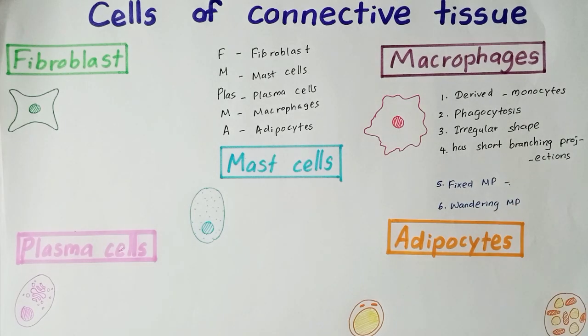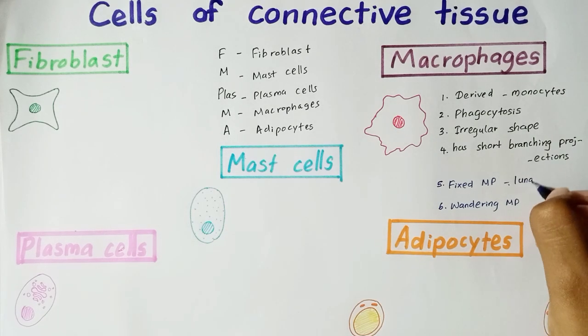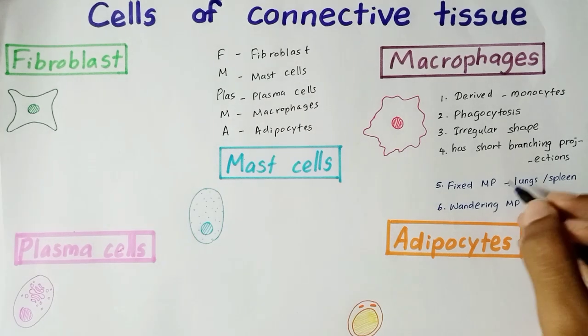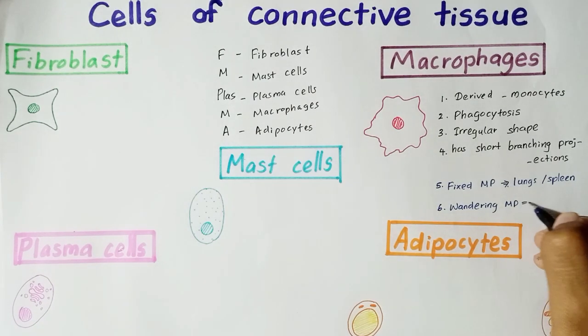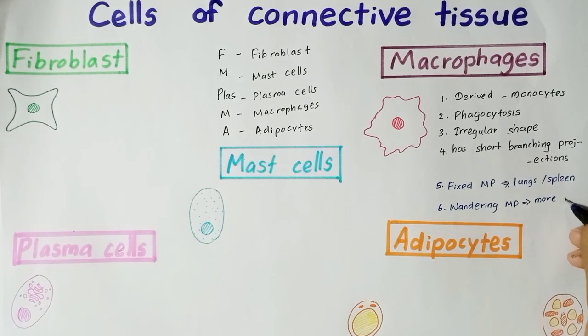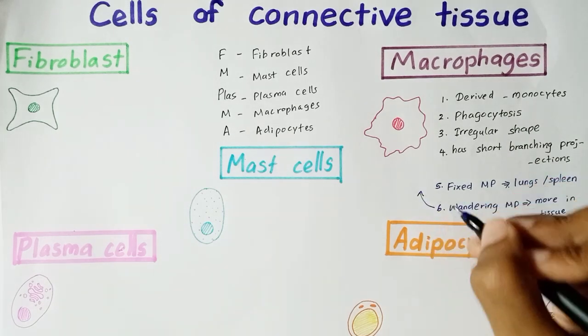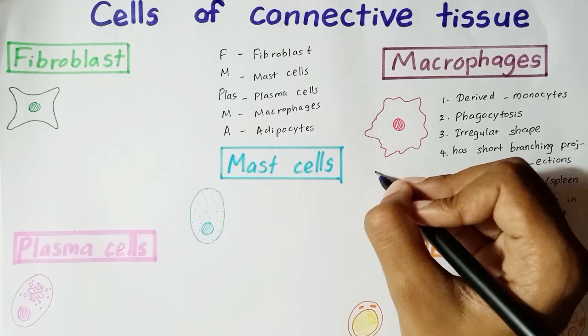We can see fixed macrophages in lungs and spleen. So wandering macrophages are more in tissue and they gather at infections.